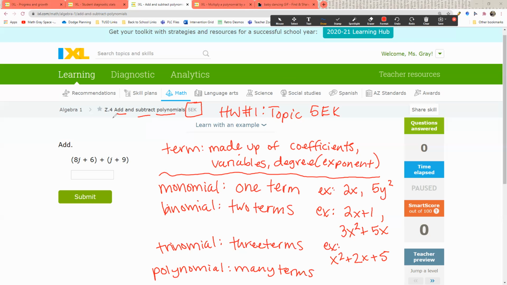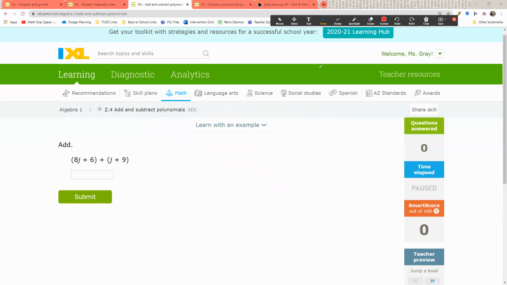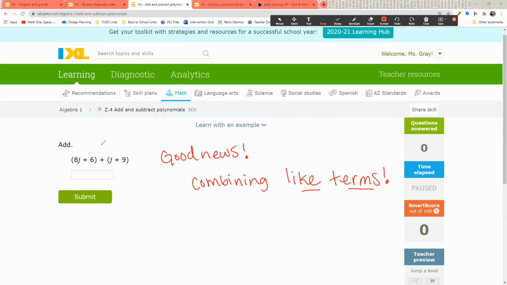So when you're talking about adding and subtracting polynomials, so I'm going to erase this and say the good news is you've done this before. And you just called it something else. Before you called it combining like terms. So that's really what we're doing here, is we're combining like terms. So if I'm looking, I have 8j and j, right?